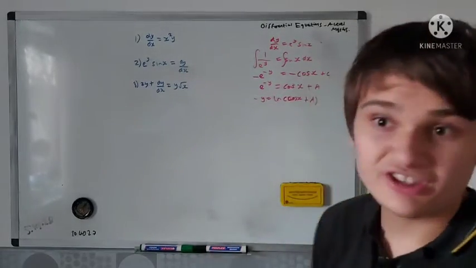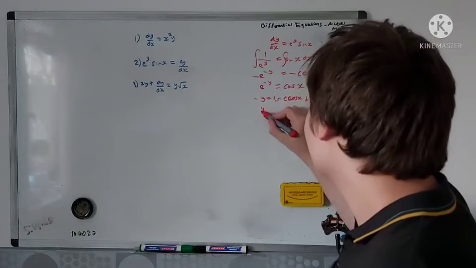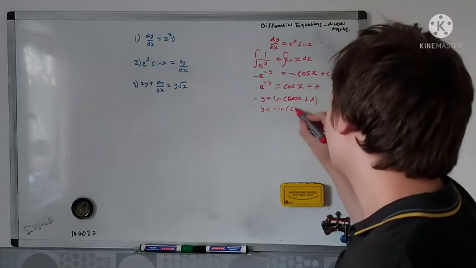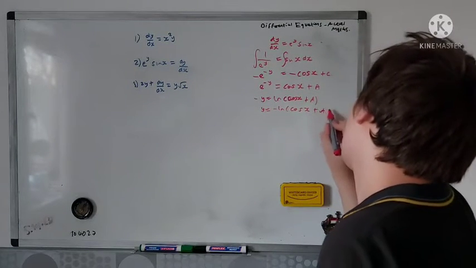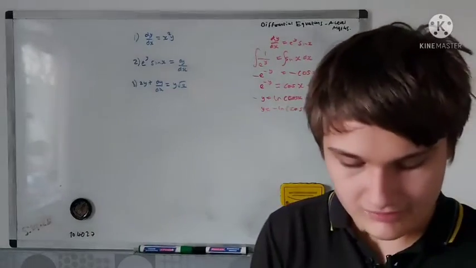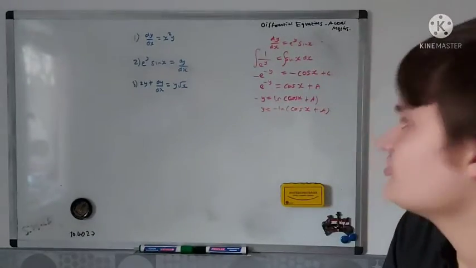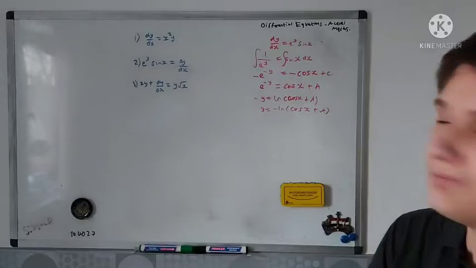I can just bring the negative sign out, can't I, really? So you get y is minus log of cosine of x plus A. Okay. And that is the general solution for number 2.